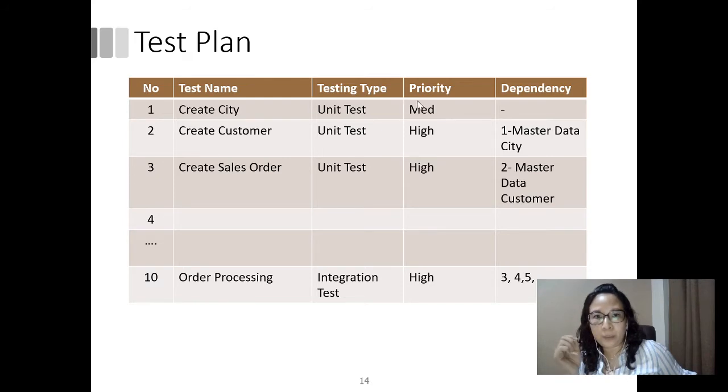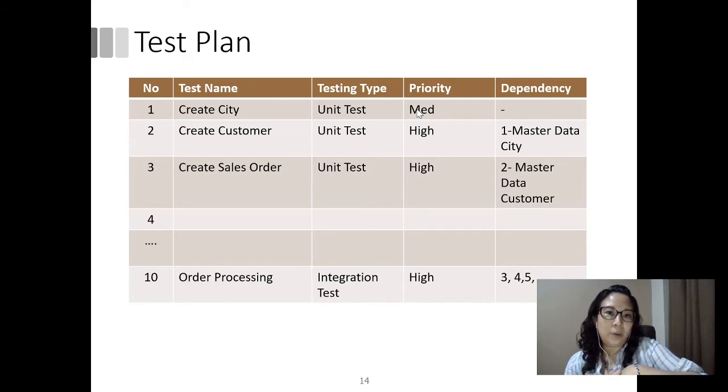Okay, and we put the priority as medium because even though, for example, the city is still wrong, we can still do the hard code, or we can just go to the database and insert it. Okay, and it will not make the other process stuck, so that's why I put the priority as medium.